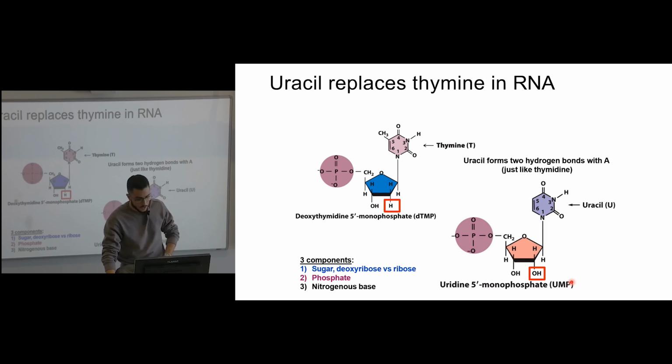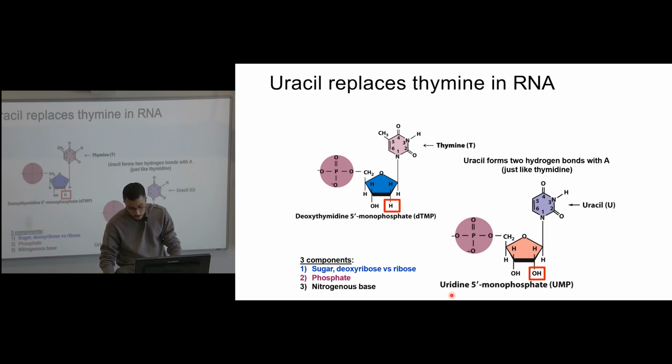So this is what it looks like. For the nucleotides, you still have that phosphate group, which is at the 5' carbon. You still have that nitrogen base that is at the 1' carbon, and then you have this OH instead of the H at the 2nd carbon, and this makes it the nucleotide for RNA, okay?